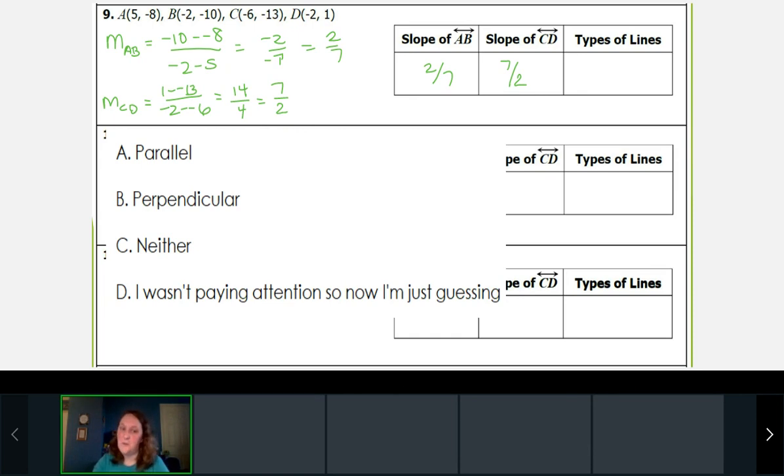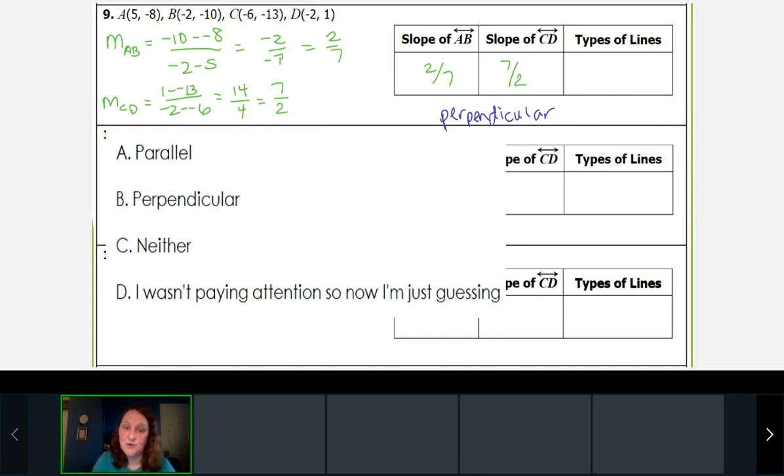I tricked some of you. That's okay. Let's learn from this. If you said neither, you were correct. Okay, and the reason why, if they're parallel, they have to be the same number. Well, 2/7 and 7/2 are not the same number, so not parallel. You might be tricked into saying perpendicular, but remember, when they're perpendicular, they have to have opposite reciprocal slopes.